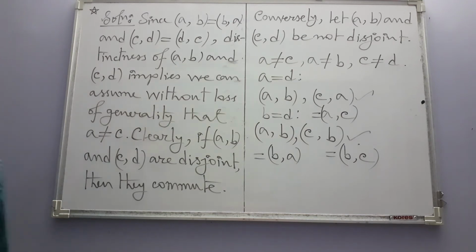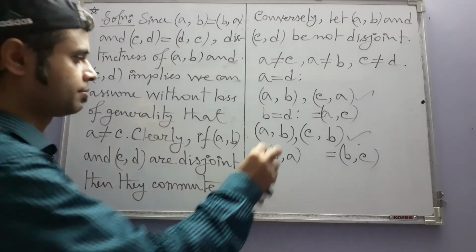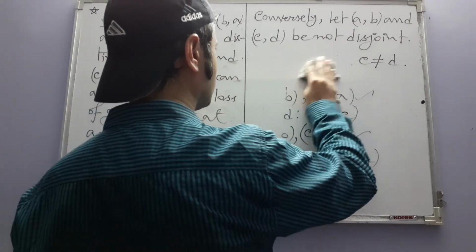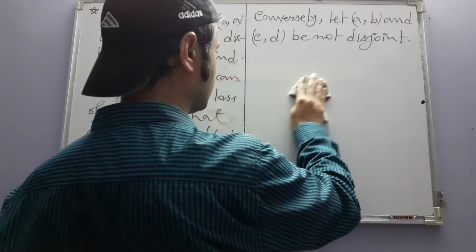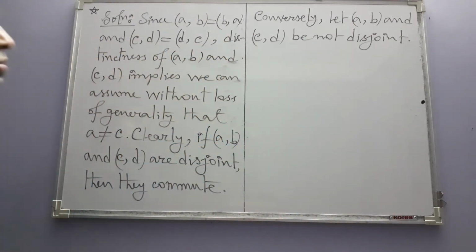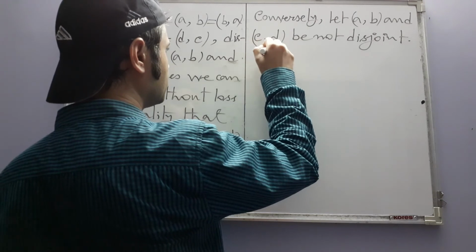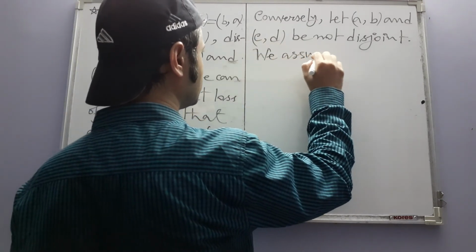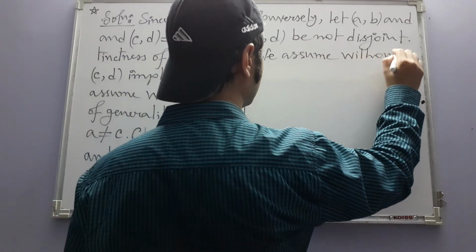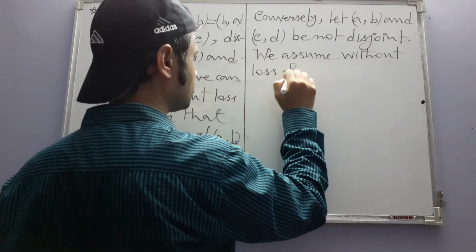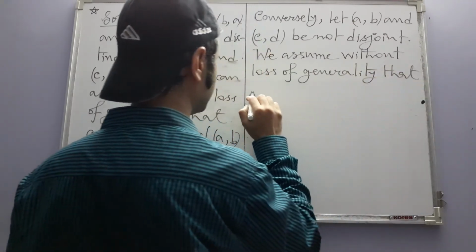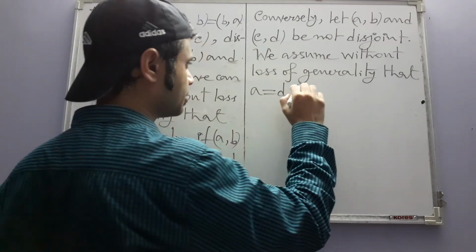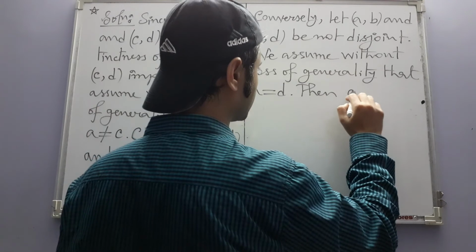That means A is equal to D. Assume without loss of generality that A is equal to D, then we straight away calculate the products.